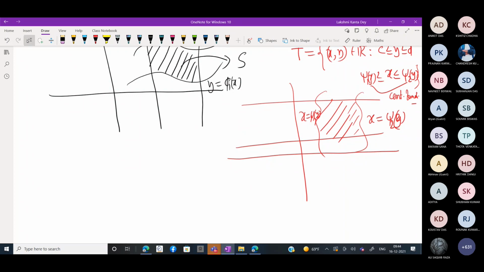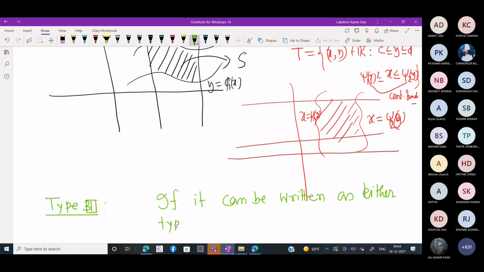Next, another thing, I like to write in a different color, the type 3 region. What is that? If it can be written as either type 1 or type 2, then we can say that.